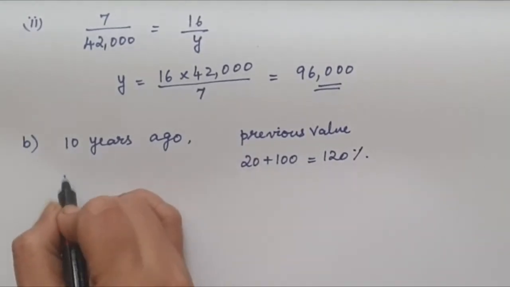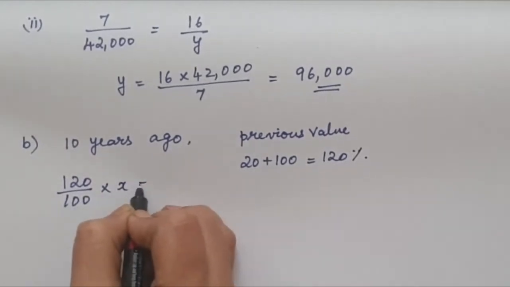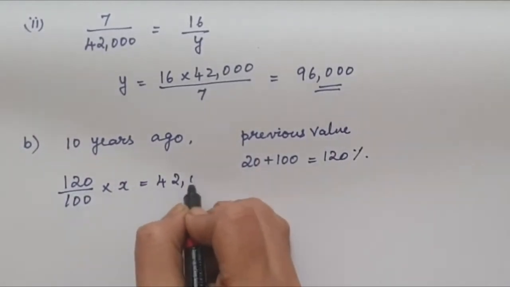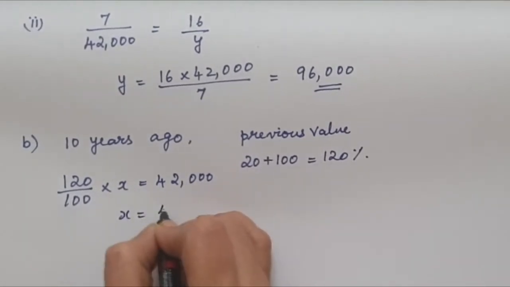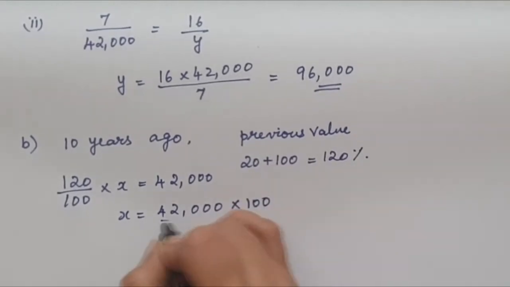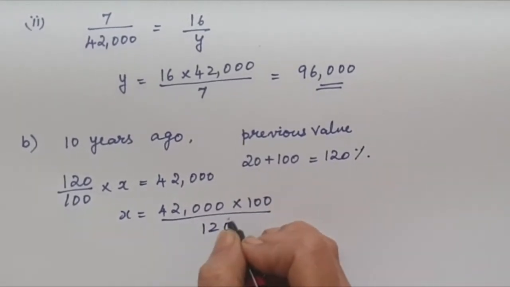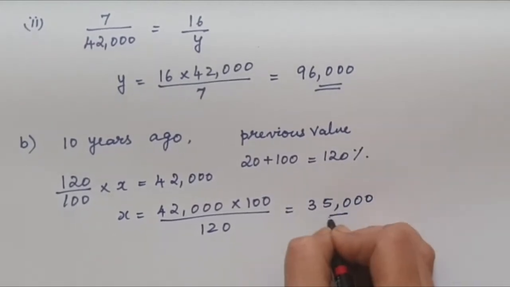We need to take our percentages in terms of x. 120 over 100 into x will be equal to 42,000. So x will be equal to 42,000 into 100 divided by 120. That will be equal to 35,000.